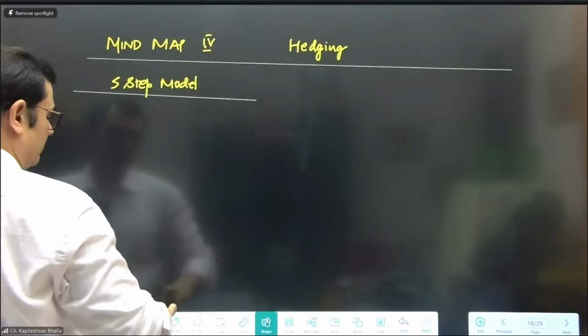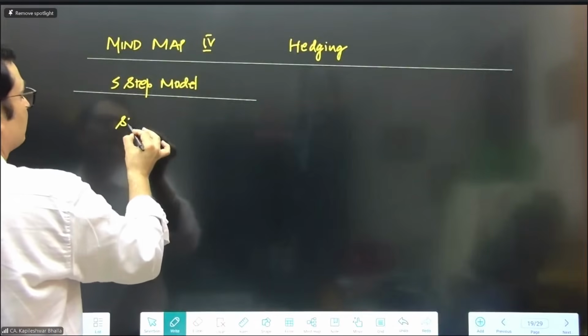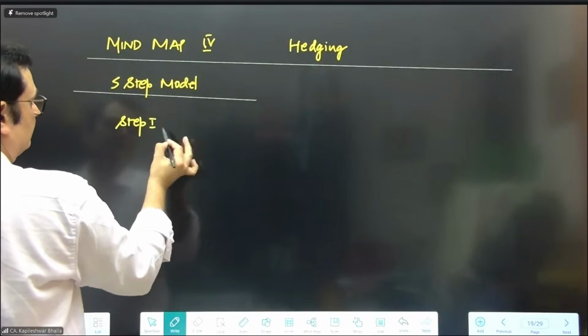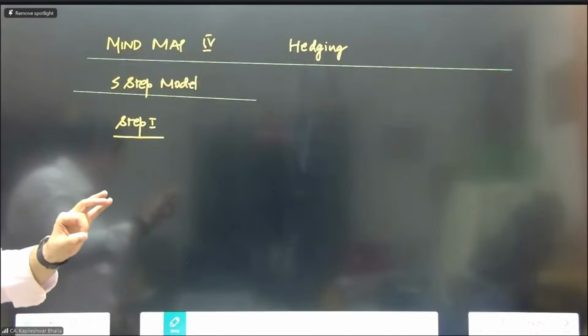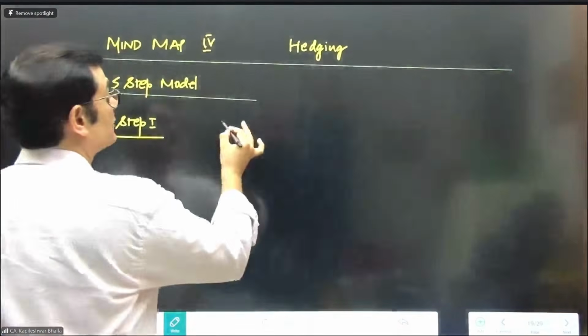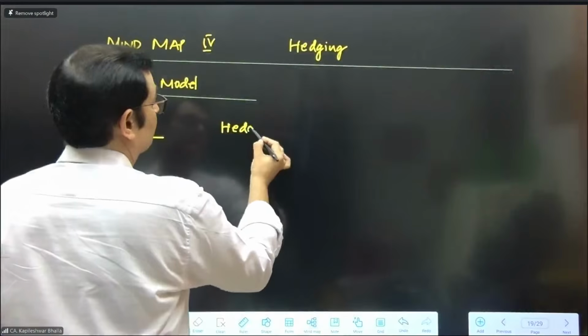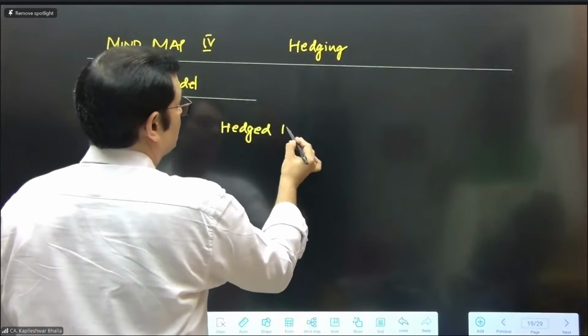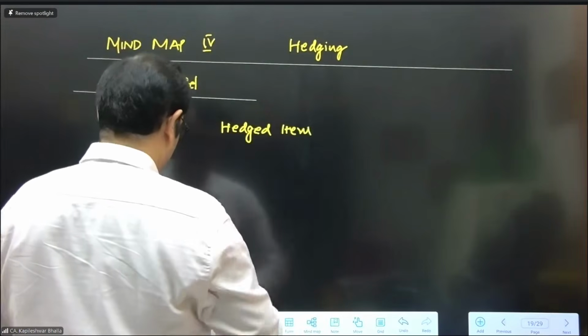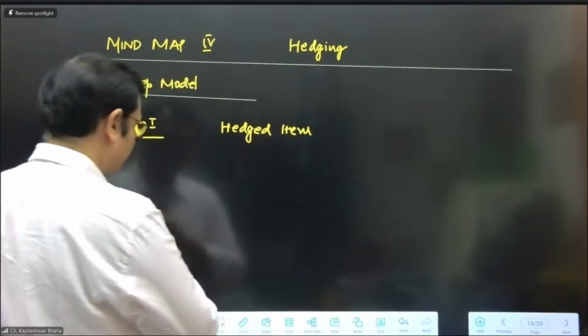So let's begin with the inputs in terms of step number 1. The first thing you need to do is to identify what is called the hedged item. Let's recall the inputs, what is to be seen in terms of hedged item.